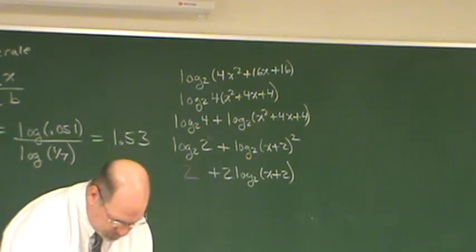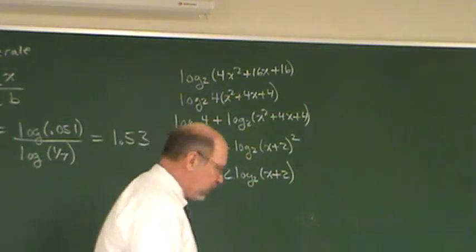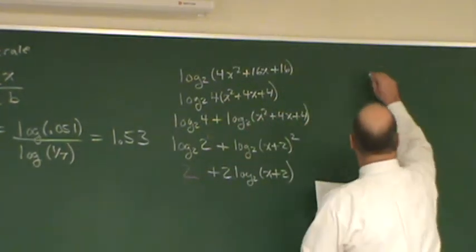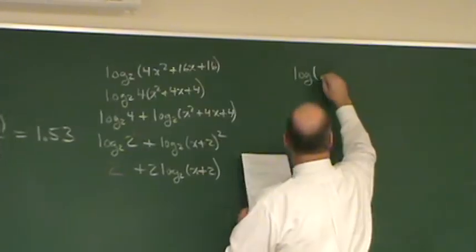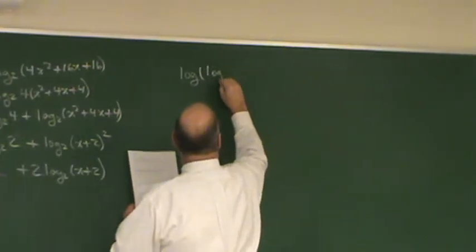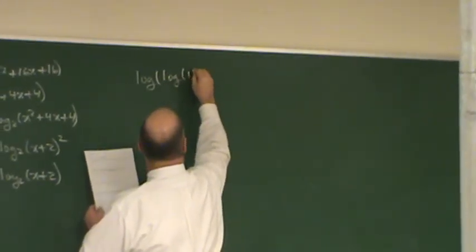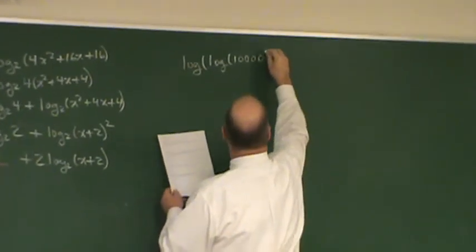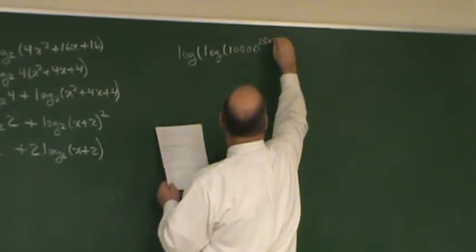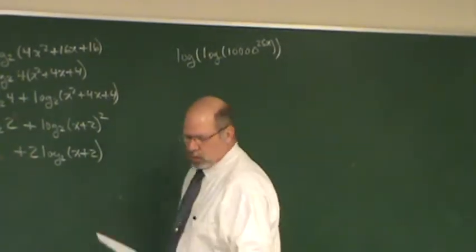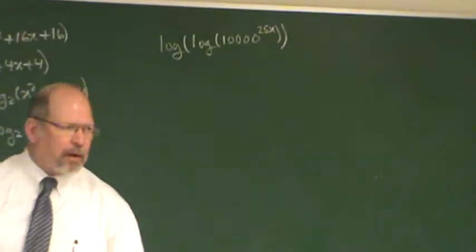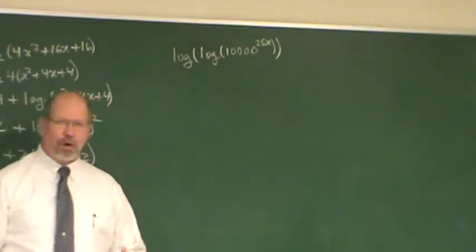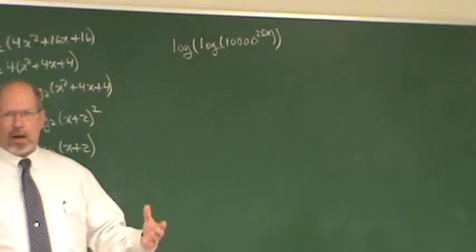Now, part B of this, I put it in here because it tends to confuse students when they first see it. That's the log of 10,000 to the 25x. And they're really not that bad. What you need to do is first start from the innermost and work your way out.